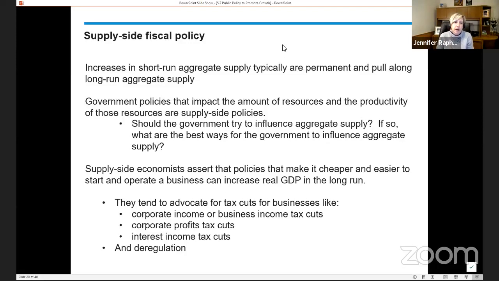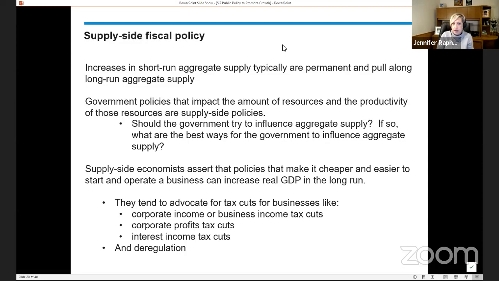So, in general, supply side economists assert that policies that make it cheaper and easier to start and operate a business can increase real GDP in the long run, because any money that firms are not spending in taxes or not spending complying with federal regulations or government regulations is money that firms can be using to produce goods and services. And so, for that reason, supply side economists tend to advocate for tax cuts for businesses. And you might see them as corporate income or business income tax cuts, or a tax cut on corporate profits.